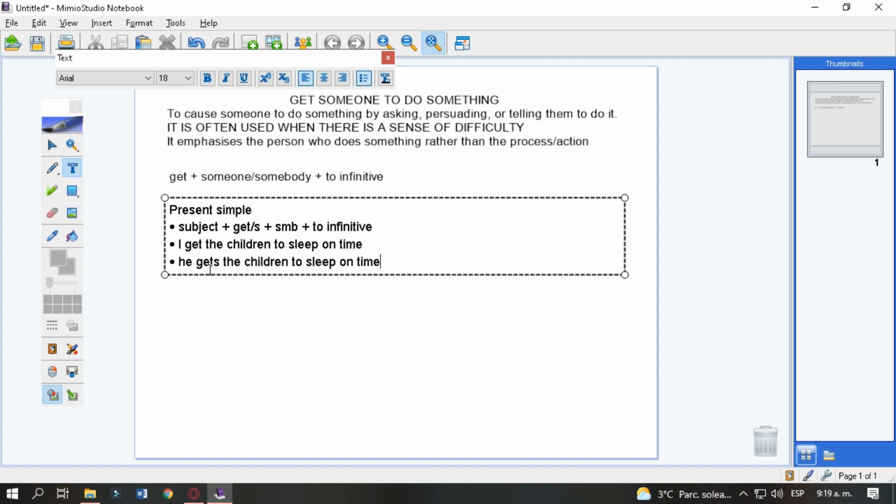We can add always, never, or sometimes, in order to give an idea of the frequency with which this person gets the children to sleep on time.